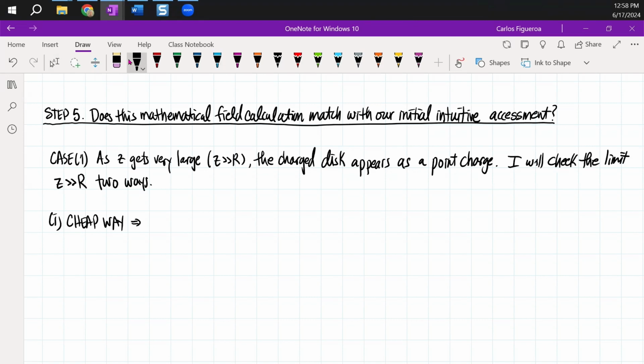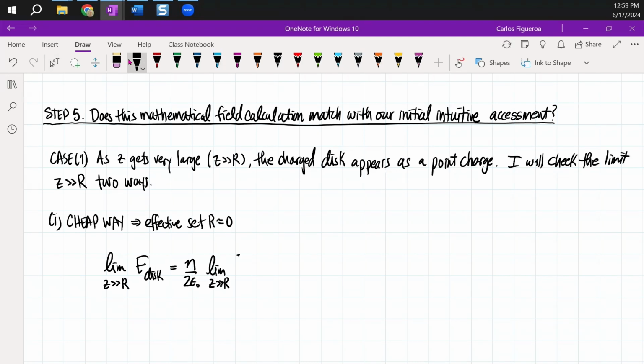All we're going to do here is that if z is so much bigger than r, we could effectively just set r approximately to 0. So if I look at the limit as z is much, much greater than r of the disk, what do I get? Well, I have my constant term in front, and then I'm taking this limit.